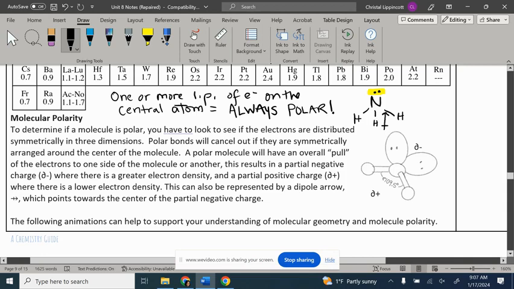Okay, so if we're looking at this, let me draw that again over here. We would draw an arrow towards the negative end, and then the other end of the arrow, we're going to make a plus sign. Good.